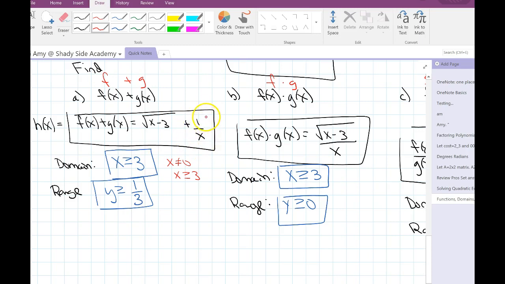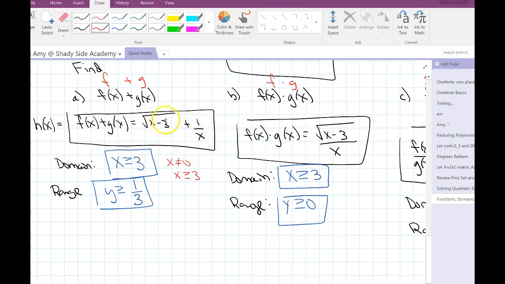Yes, I agree with you. As x gets bigger, this does get smaller. But what's interesting is that as x gets bigger, this part gets so much larger, and this part gets smaller, gradually approaching 0. Something getting bigger and bigger plus something getting smaller and smaller.